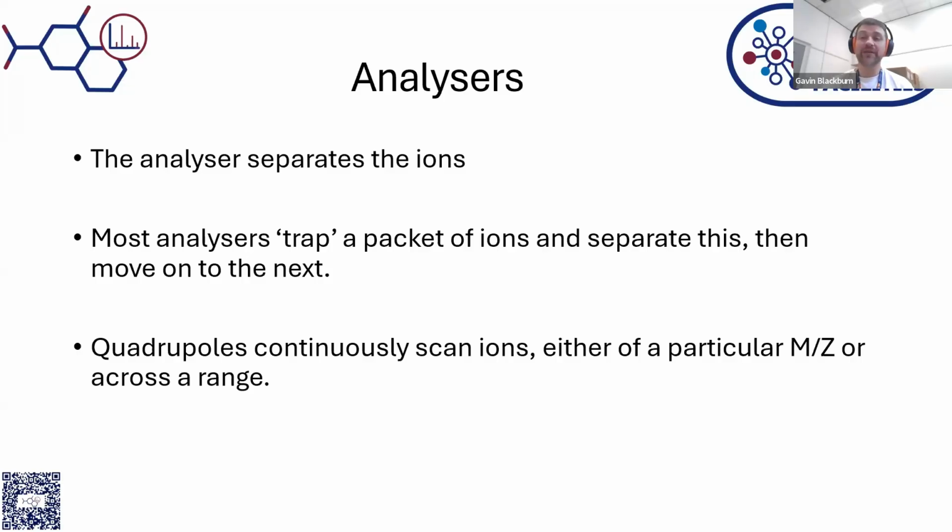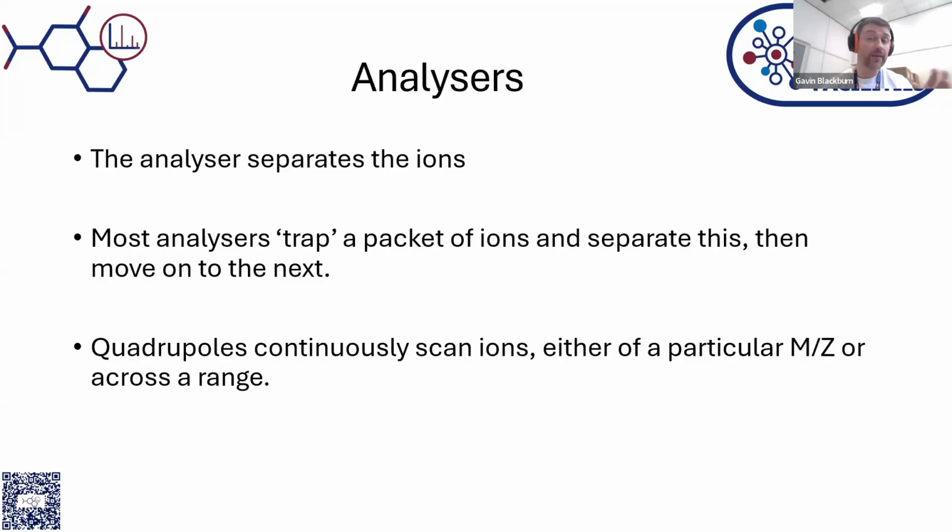But if you are designing a method to be extremely sensitive to try and detect a particular compound or a range of compounds where you know you're going to see them in your system, you're going to want to use something like a quadrupole. Because a quadrupole allows you to scan continuously. There is no trap in there. Compounds come into the ionization source, they are ionized, and they are flowed through the quadrupole, and you can set the quadrupole to pick out a particular mass to charge ratio.